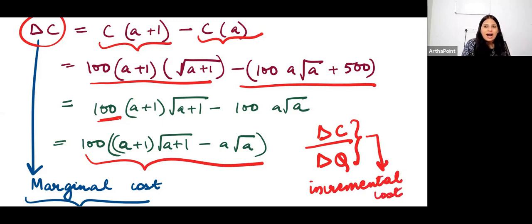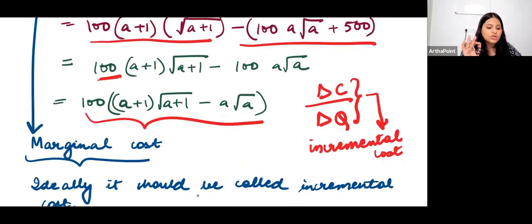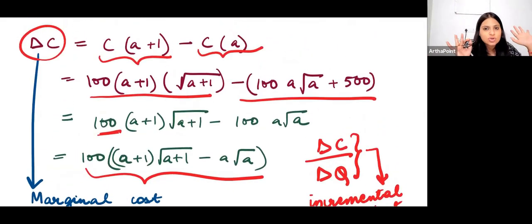When I progress a few lectures later in maths, I will distinguish between incremental and marginal cost. Although in microeconomics you use them interchangeably, in maths, incremental and marginal cost actually mean different things. I will take that in a few lectures, not now. So for now, you just have to solve this as usual and get the answer.